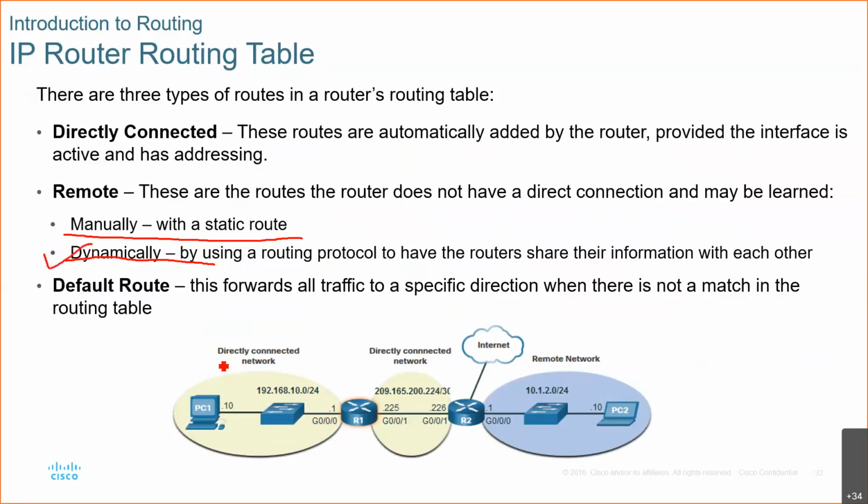We also have a default route. This forwards all traffic in a specific direction when there is no match in the routing table. That is how your internet actually works. There is a redundant array of routers connected to each other. How do you think you're surfing the net? How do you think you're downloading your pirated intellectual property?